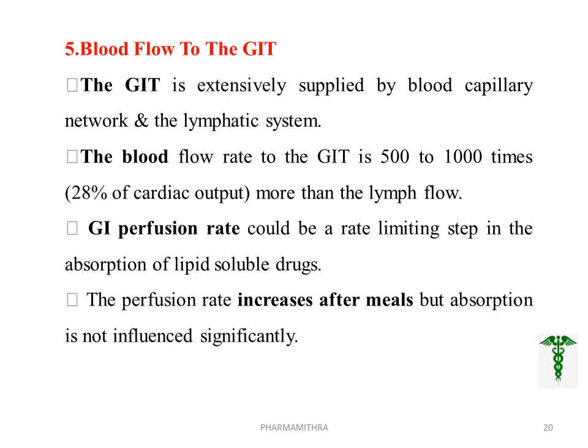That is, the perfusion rate increases after meals but absorption is not influenced significantly. But the food may influence the blood flow to the GIT. That is, the perfusion rate increases after meals and persists for a few hours.